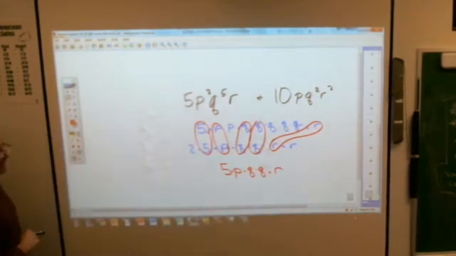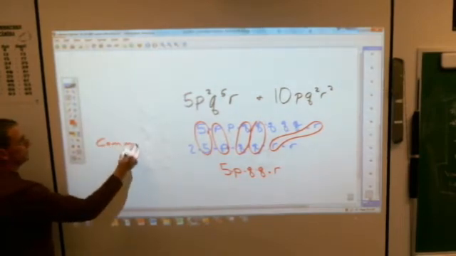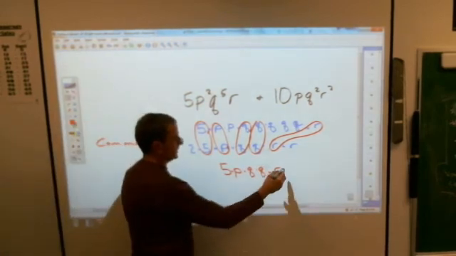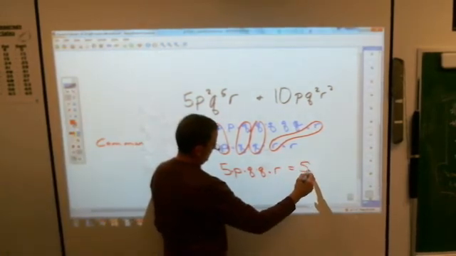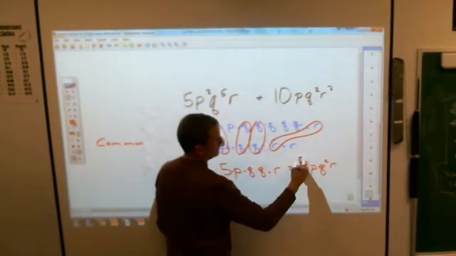That's what they have in common. The key word there is common. That's where most people get mixed up. Not just that they have it, but that they have it in common with the other one. And then when you remultiply, it is 5p q squared r.